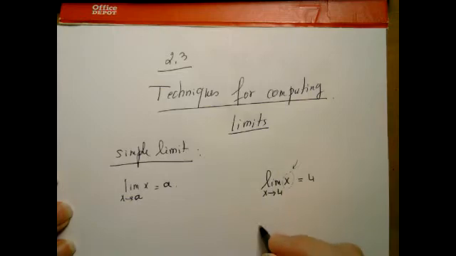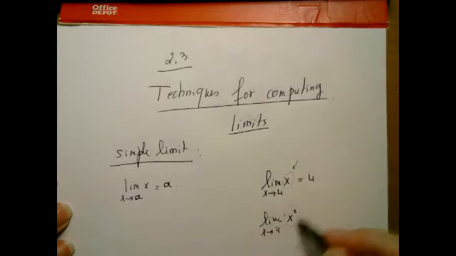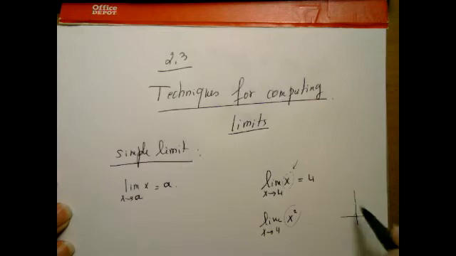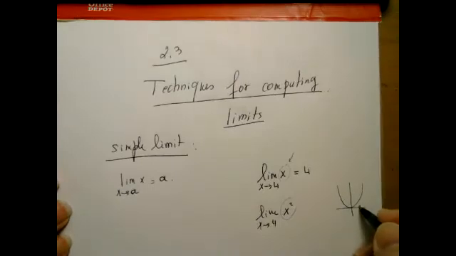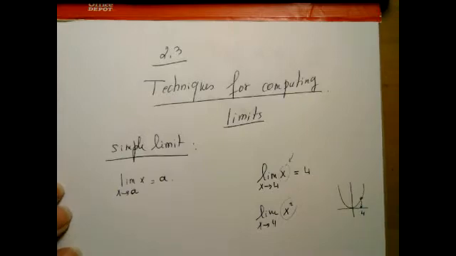Now, suppose I take the limit as x becomes close to 4 of x squared. Okay, so my function here is actually x squared. This is my function, x squared. And I compute the limit in this case. So I take values close to 4 and I see what happens. What do you think the answer is, and is it hard?